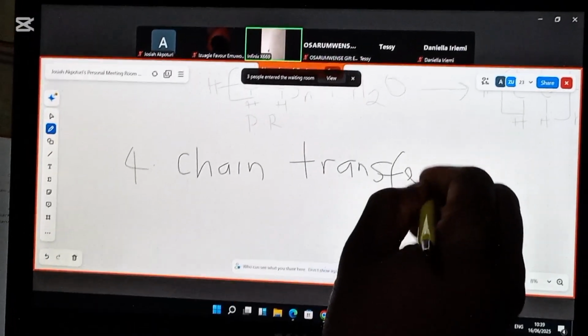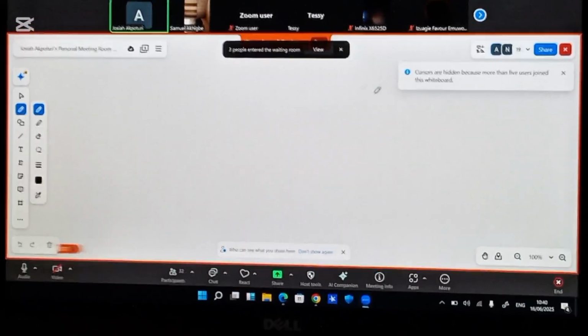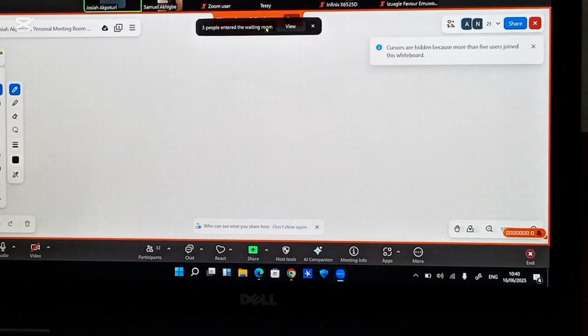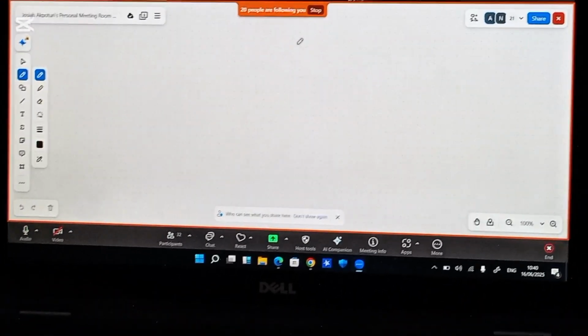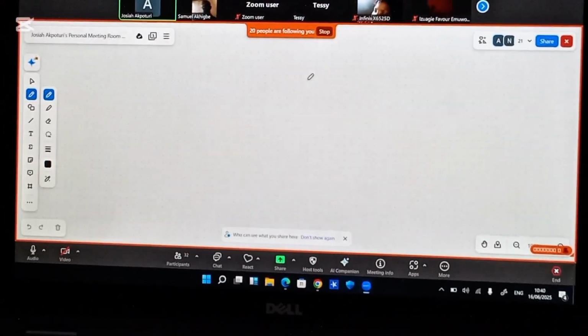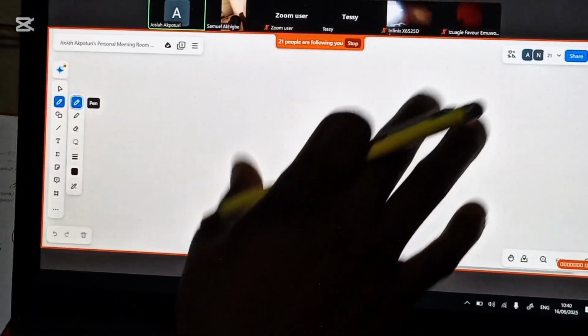Clear? Chain transfer, this one is number 4. So take down the note for chain transfer. Are we there? Yes, ma.